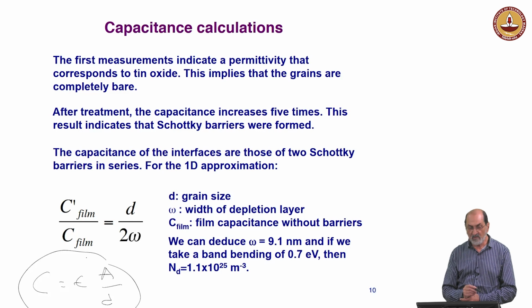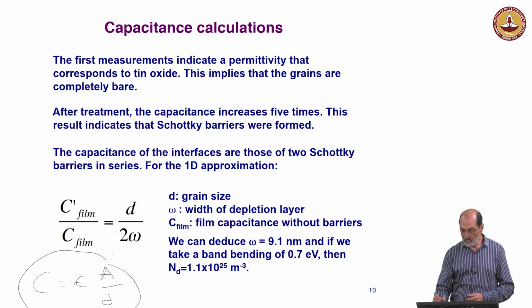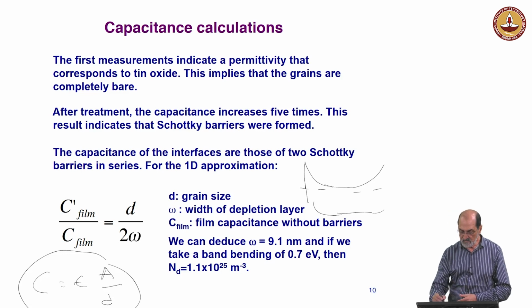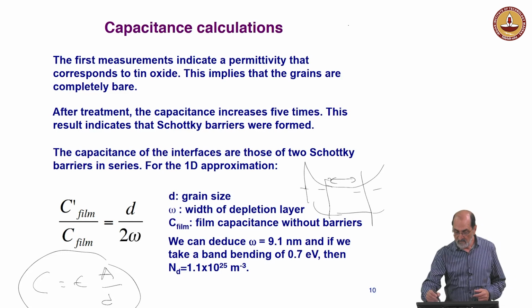When we developed the barriers, this will be the situation. Here is the Fermi level, right? So the region in the middle is conductive. So it's like having a couple of plates, and instead of having here a whole dielectric, we put in between some piece of a conductor.